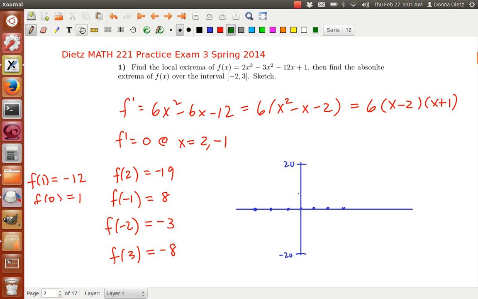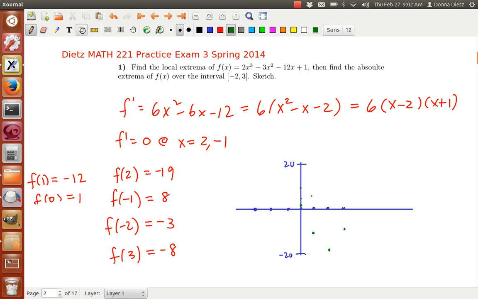Okay, f of 0 is 1. So where's 1 going to be? If this is 10, this is 5. So it's just going to be right around here. F of 1 is negative 12, so it's going to be down around here. F of 2 is negative 19. It's going to be down around here. F of 3 is negative 8. It's going to be up right around here.